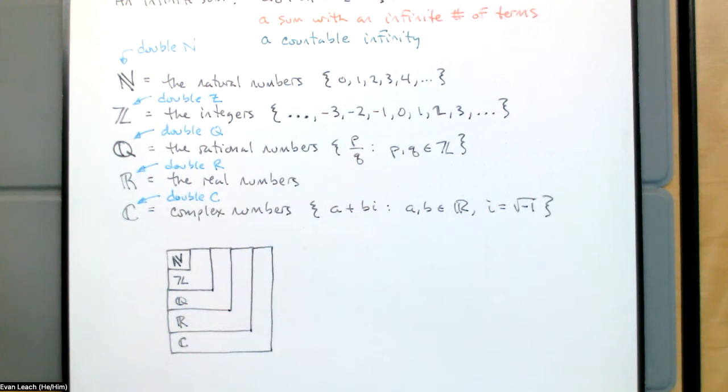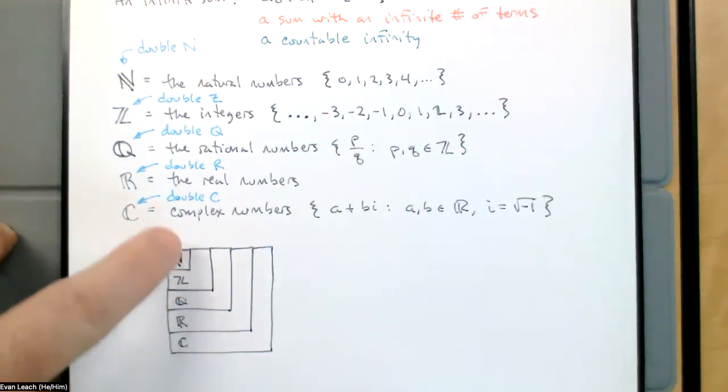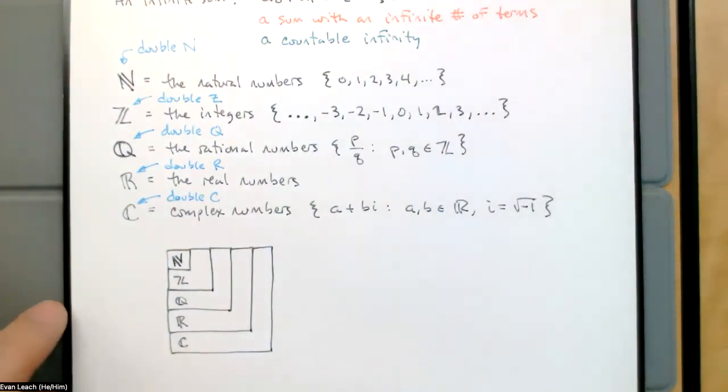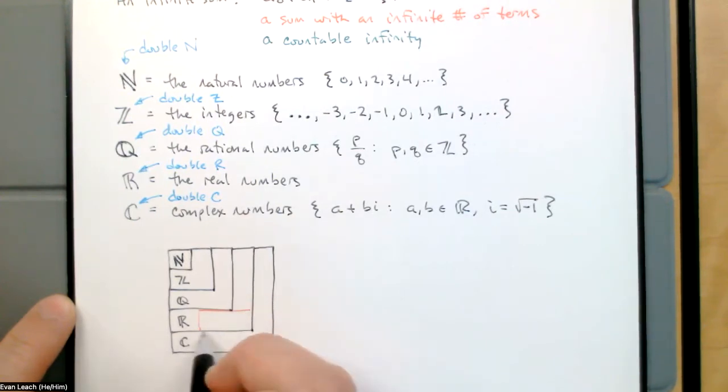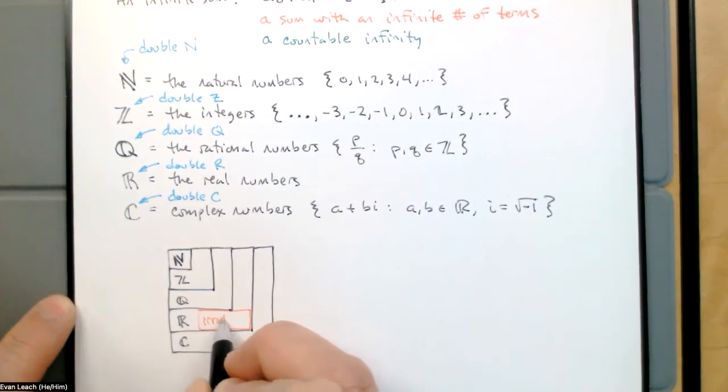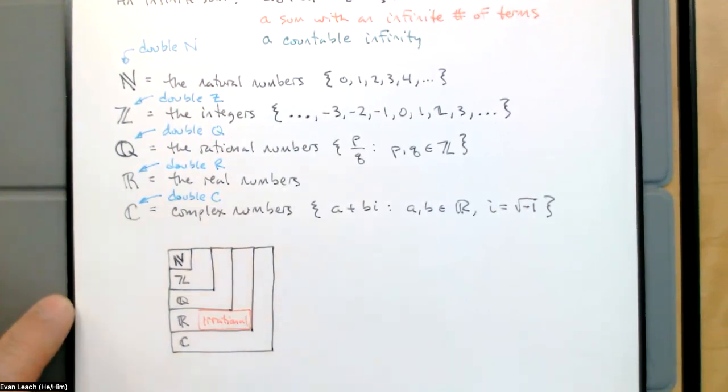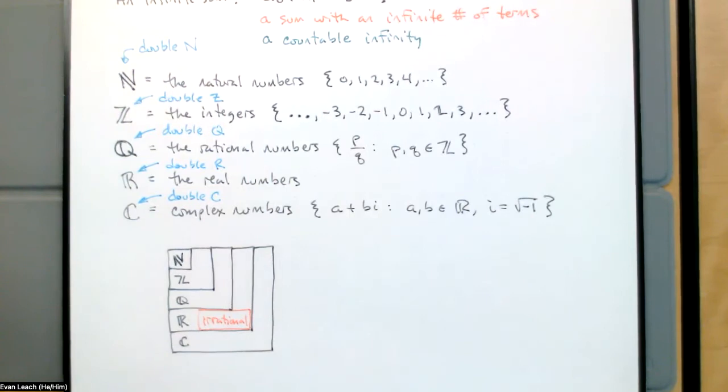A subset of our real numbers are all the rational numbers plus the irrational numbers. So the irrational numbers show up in this real number set separate from these other ones. So there's our irrational numbers sitting as a subset of our real numbers, entirely separate from the rational numbers.